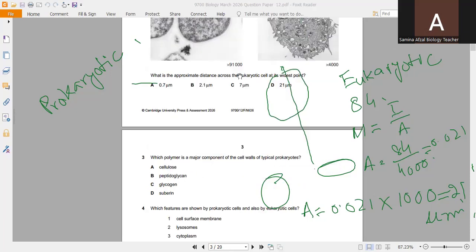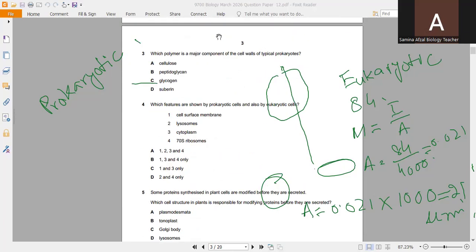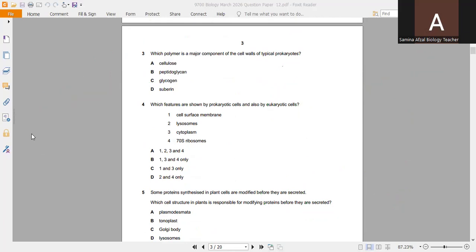Now we are moving towards question number 3: which polymer is a major component of the cell walls of typical prokaryotes? They have given us 4 options: cellulose, peptidoglycan, glycogen, and suberin. Cellulose is found in plant cell walls, so this is not the correct option.